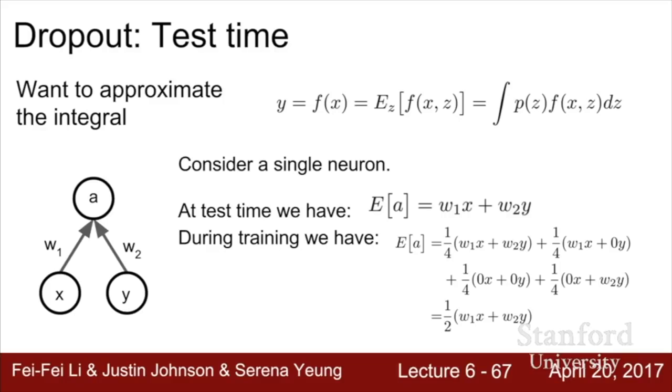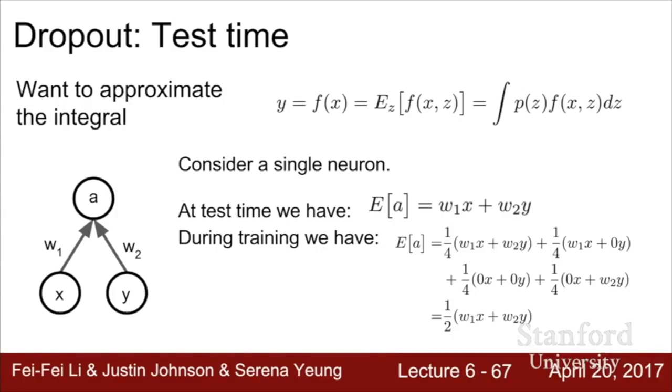And now the expected value of A during training, we can compute analytically for this small case. There are 4 possible dropout masks, and we're going to average out the values across these 4 masks. And we can see that the expected value of A during training is 1/2 (W1X plus W2Y). So there's this disconnect between the average value of W1X plus W2Y at test time, and at training time, the average value is only half as much.